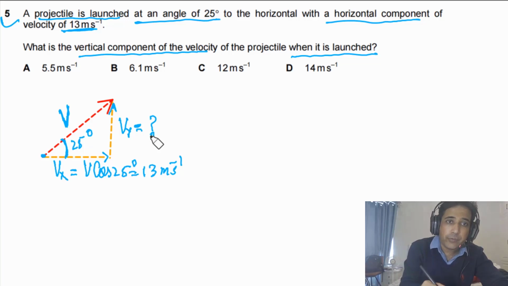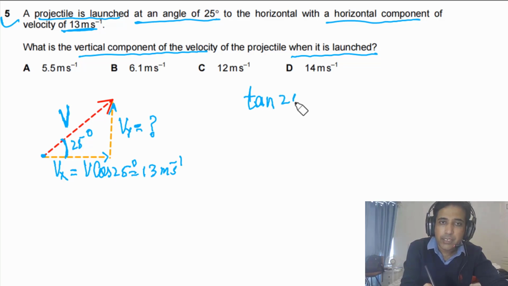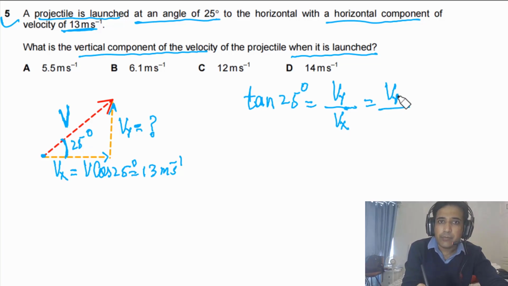So the quickest way to answer this question is simply we can say tangent of 25 degrees means tangent of this angle. This has to be equal to vy divided by vx. And value of vx we have, so we can say this is vy divided by vx, and vx is 13.